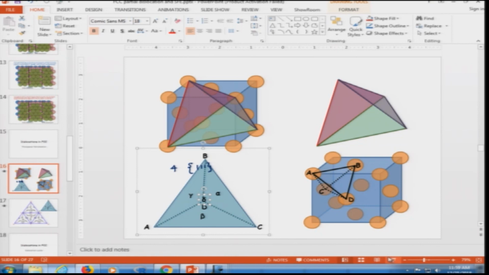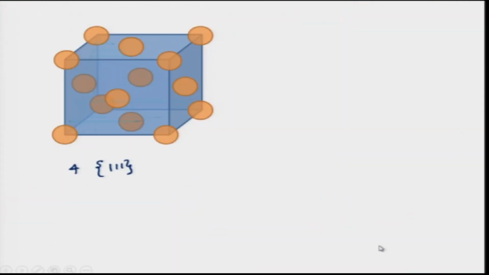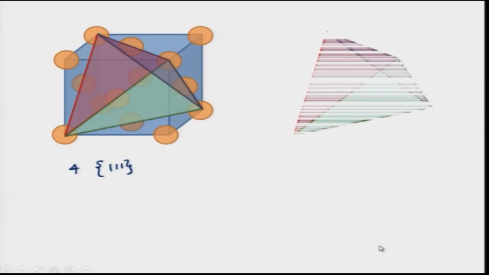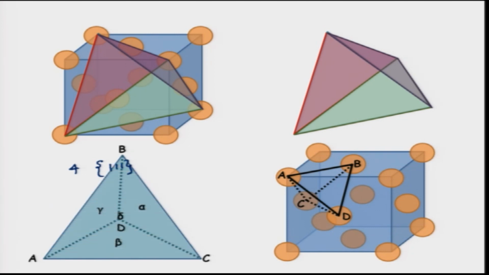So this is how it should be, since it is opposite to C, the center should be marked as gamma, opposite to A alpha, opposite to B it is beta, and opposite to D, which is just in the center, on the top of this is the corner D and the bottom is the delta. So this forms a tetrahedron, and these are some important points that we will talk about, and we will continue on this in a moment.